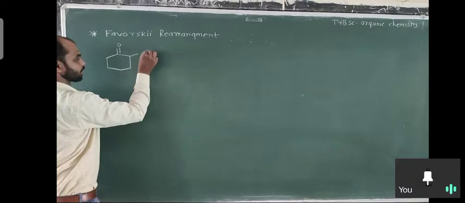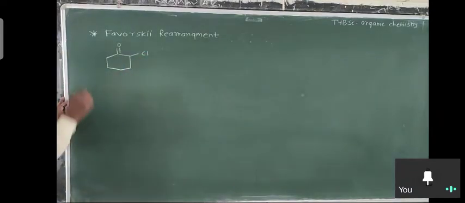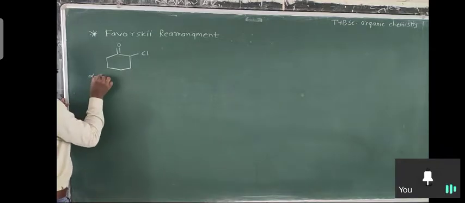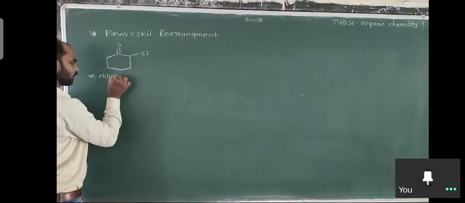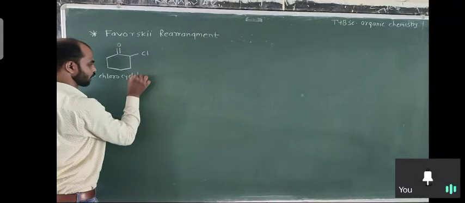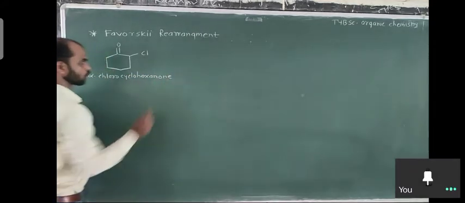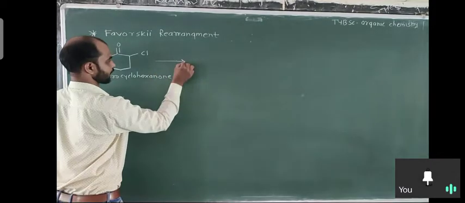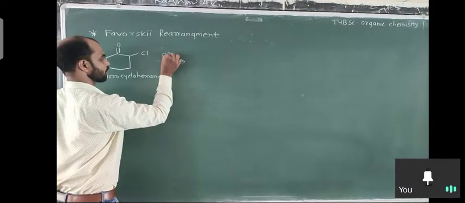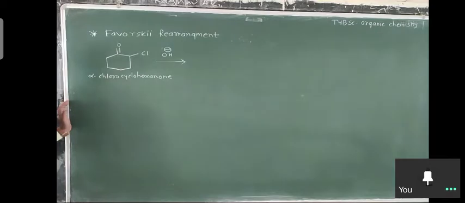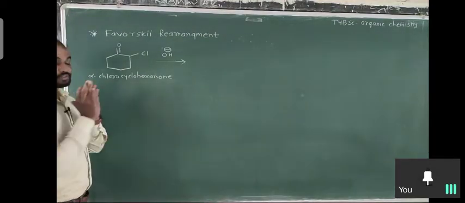Suppose here we have Cl. So it is an alpha chlorocyclohexanone. Suppose we consider the base used is hydroxide, OH minus. What is the first step?